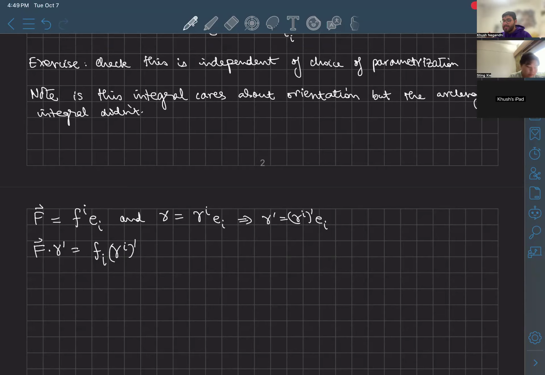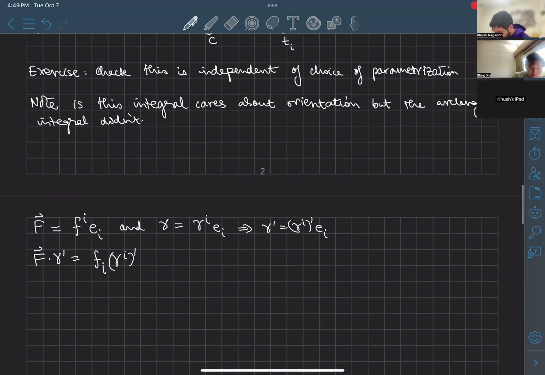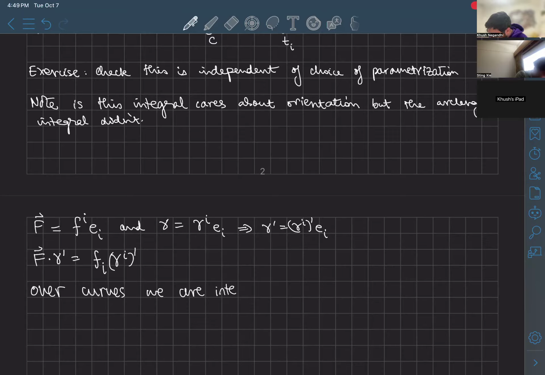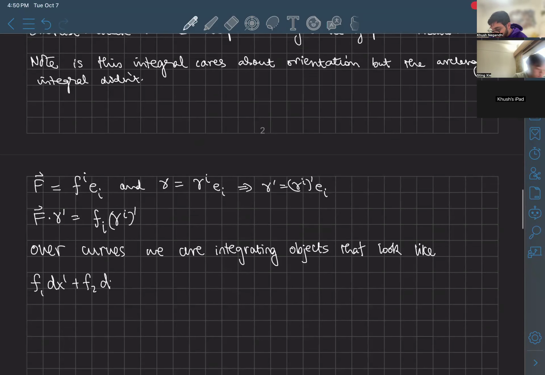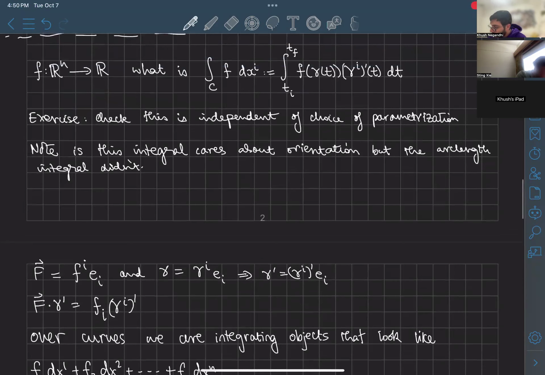So we see that over curves, we are integrating objects that look like f_1 dx_1 plus f_2 dx_2 plus f_n dx_n, right?